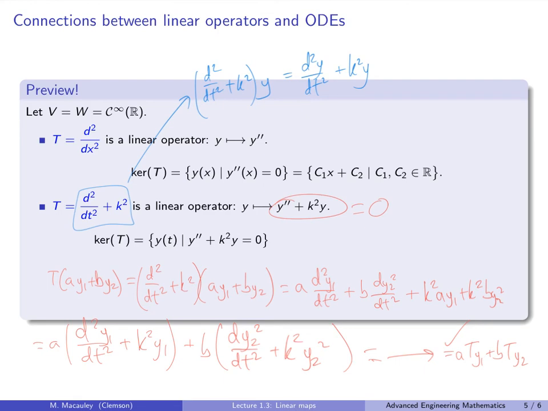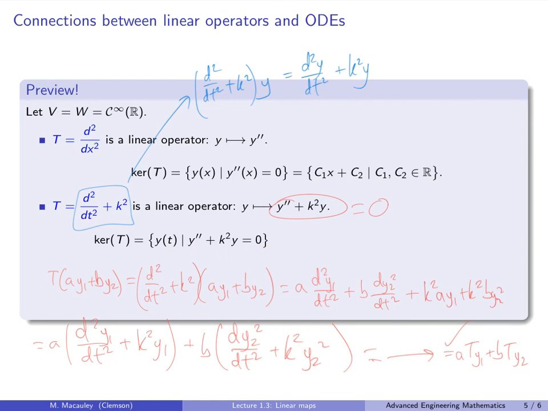And in fact, that is why way back when you probably learned what it means for an ODE to be linear without any justification as to what that means. Basically that just means that it arises from a linear operator like this. Okay, so do you remember what the solutions to this differential equation are?